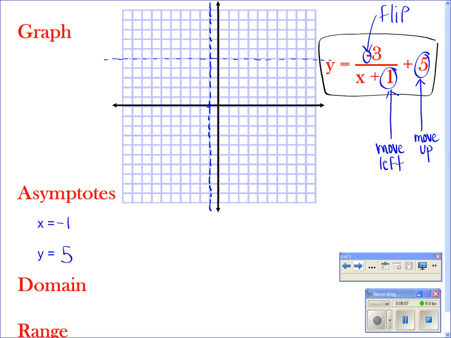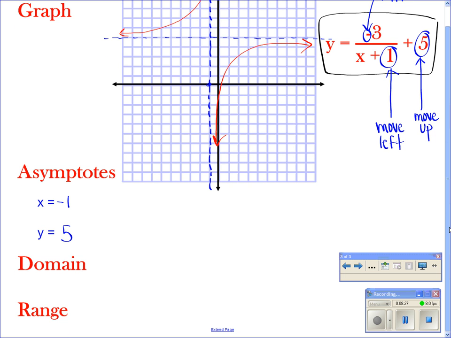Now the negative means it flips, so it's not in the upper right, lower left, it's in the opposite of that. So now we're looking here and here. Okay, so it's as simple as that. Don't have to worry about steepness, like I said. We're just putting the asymptotes on, putting your curves in the right corners, and then figuring out domain and range.